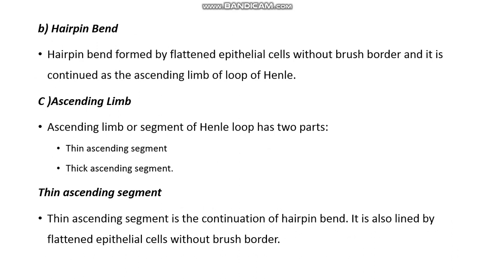Then what is ascending limb? Ascending limb or segment of Henle's loop has two parts. First one, thin ascending segment, and second one, thick ascending segment. So what is thin ascending segment? Thin ascending segment is the continuation of the hairpin bend, and it is also lined by flattened epithelial cells without brush border.